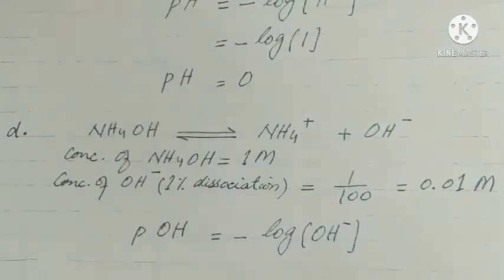Then part D, ammonium hydroxide will ionize to form ammonium ions plus OH negative ions. Concentration of ammonium hydroxide is equal to 1 mole. Concentration of OH negative ion, which is 1% dissociation, is equal to 1 over 100, which is equal to 0.01 moles. So pOH is equal to negative log OH negative ions.